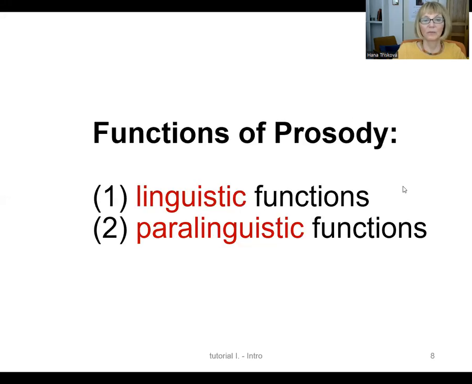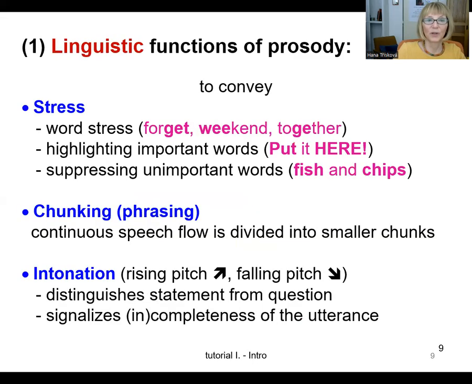So, prosody has many important functions. There are 2 major kinds of these functions: linguistic functions and paralinguistic ones. So first, linguistic functions of prosody. Prosody conveys, here you have 3 major prosodic features: stress, phrasing, and intonation.